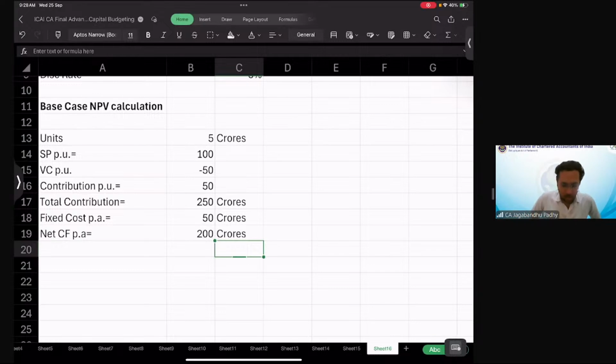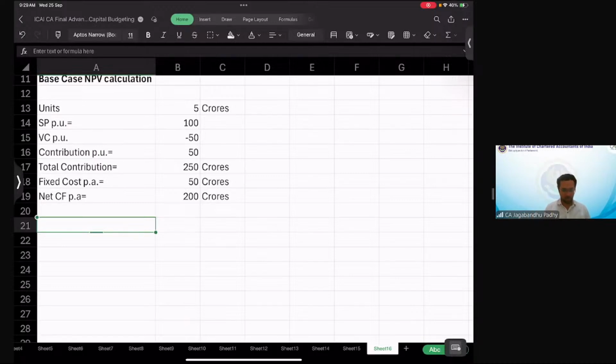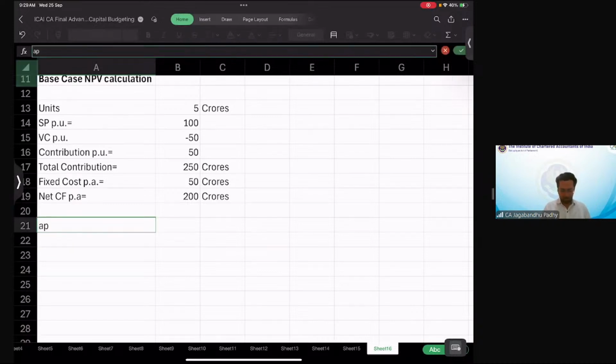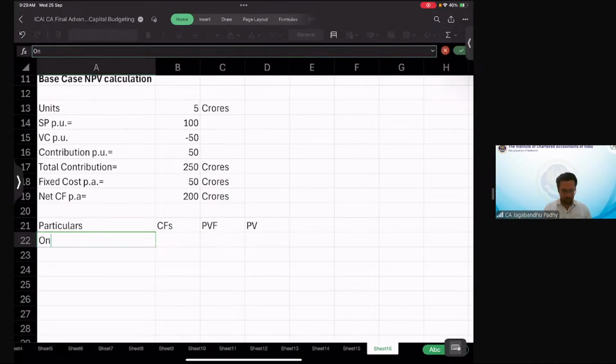Now we have to get the NPV numbers, net present value numbers. So calculation of net present value is what we are really good at right now, correct? So we will say particulars, then cash flows, present value factor, and PV. Particulars, you can say first initial investment.